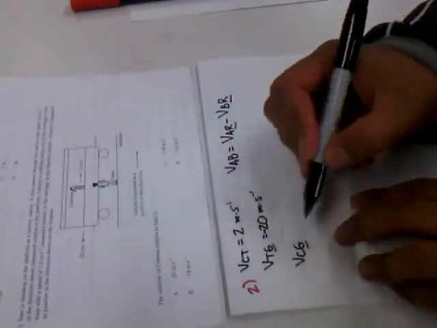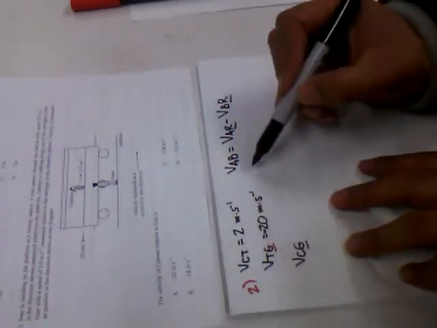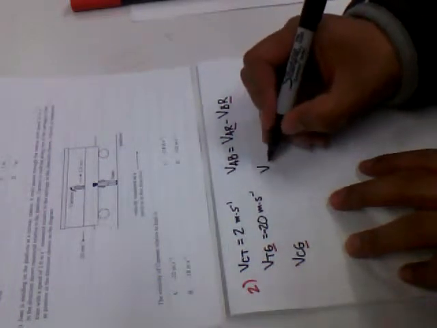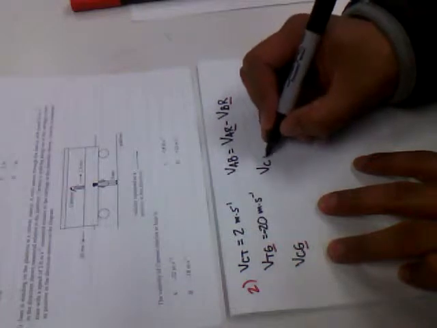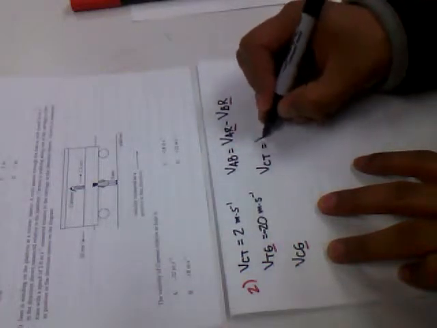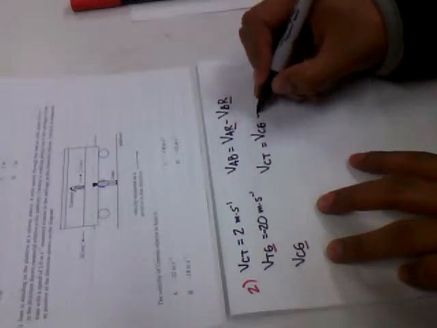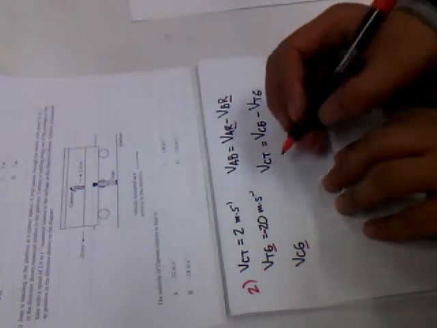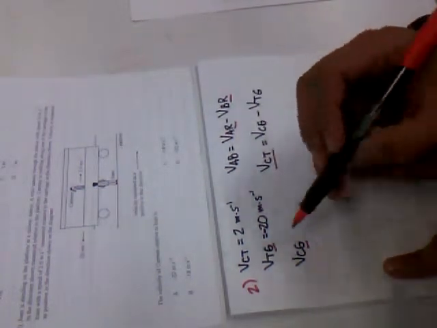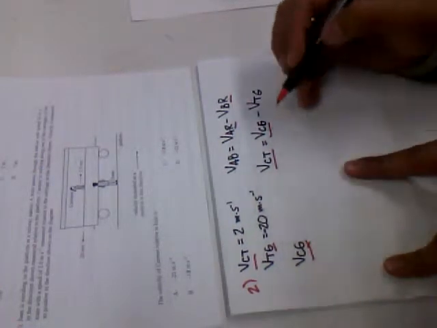So I can arrange these three velocities with this equation like this: velocity of Carmen relative to train equals velocity of Carmen relative to ground minus velocity of train relative to ground.